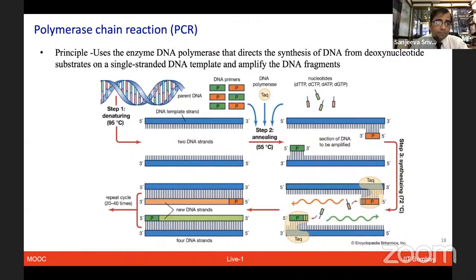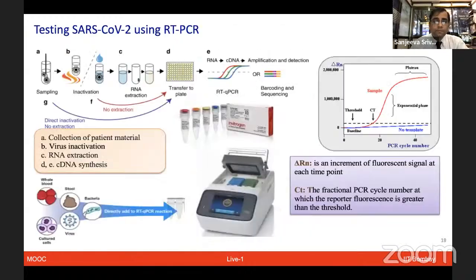And then at around 72 degrees Celsius, you allow both the primers to synthesize the DNA. Now, these three steps are repeated multiple times to amplify the entire reaction, and at the end, you will get billions of strands of your target DNA from a very small starting material.